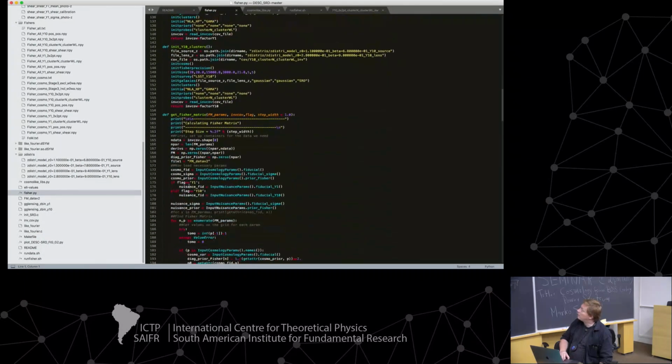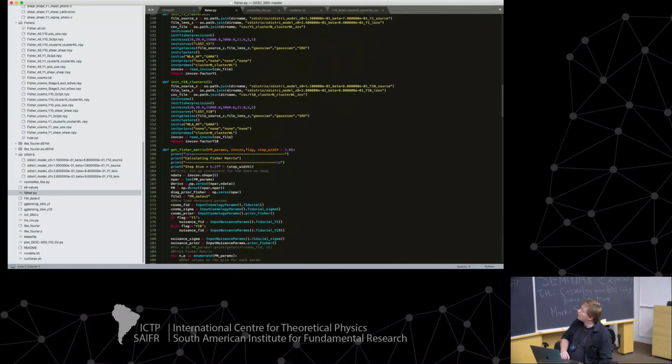And that's also where the inverse covariance matrix that corresponds to this scenario is being read in. So if you are interested in calculating the year 10 Fisher matrix, this is going to be called, and it will call the right redshift distribution, it calls the right covariance matrix, and it does all the right settings, and then it will go here, next, get Fisher matrix. And then it will compute the figure of merit.